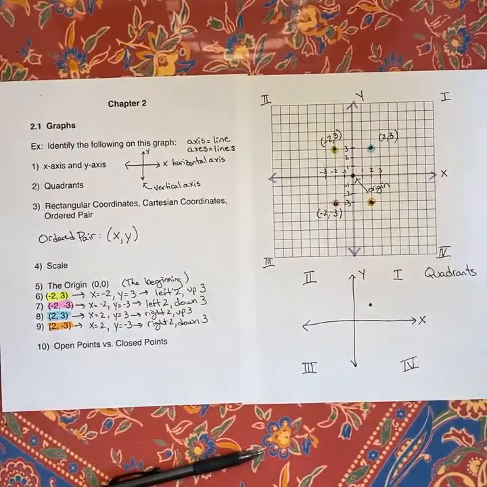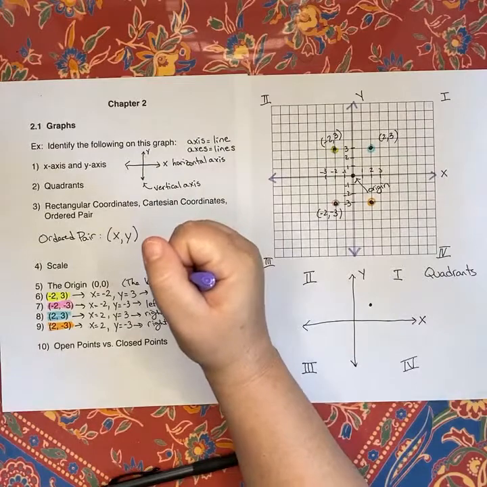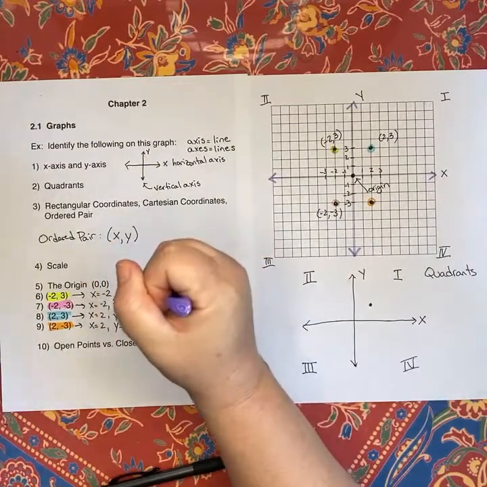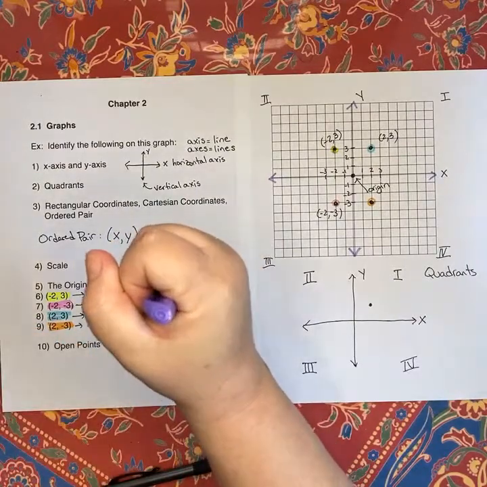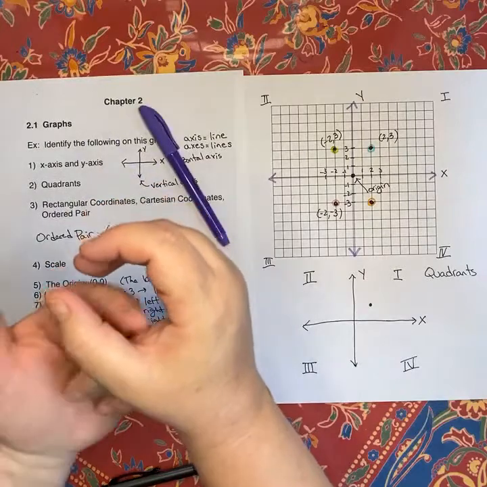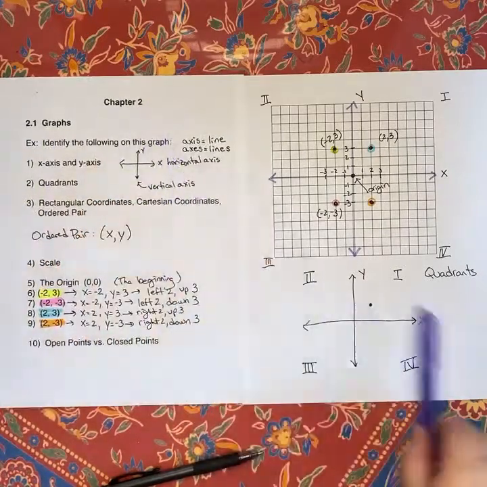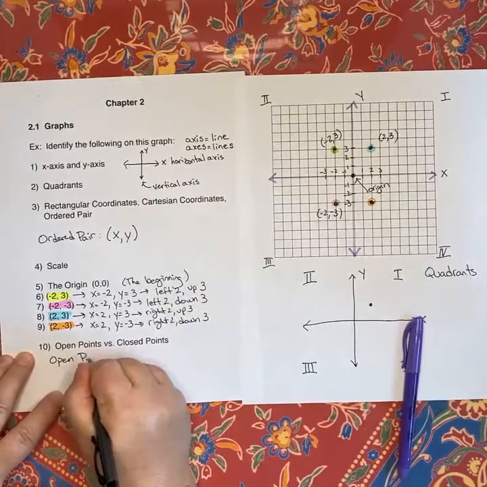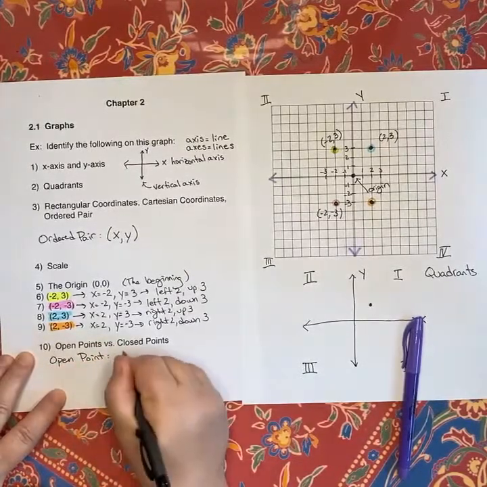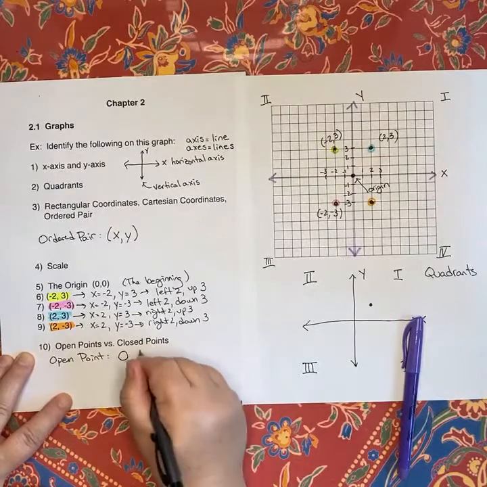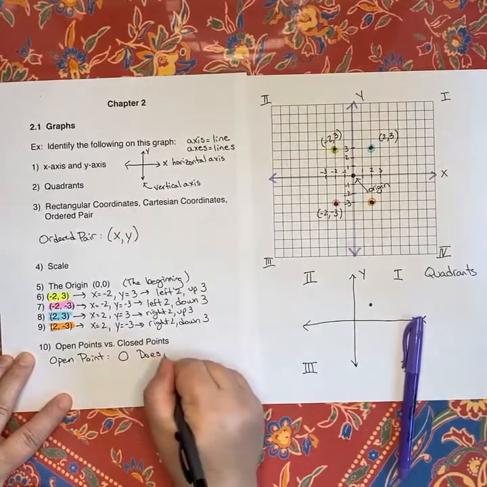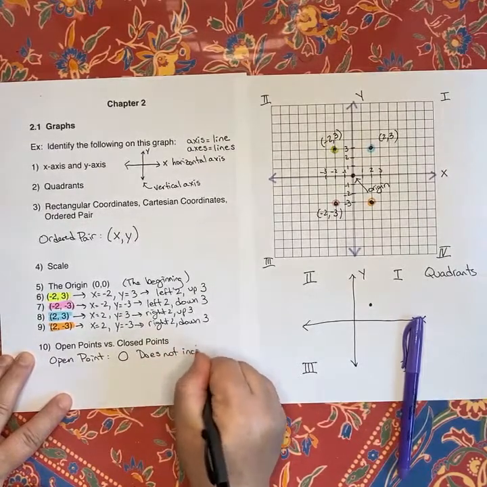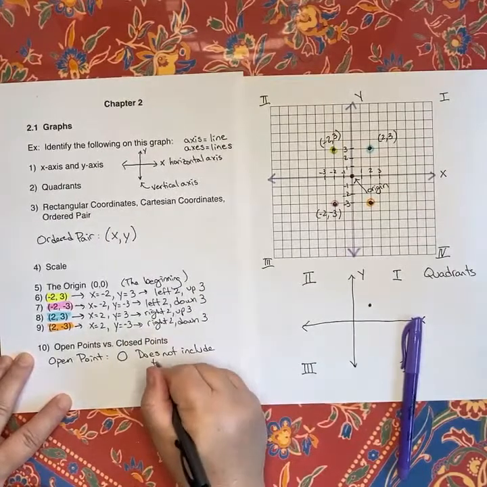So let me remind you, I think I've done this for you before, a closed point, the pen stays in. An open point, the pen falls out. So an open point does not include the point.